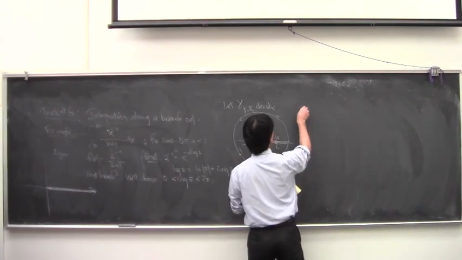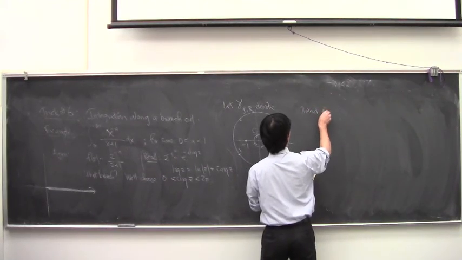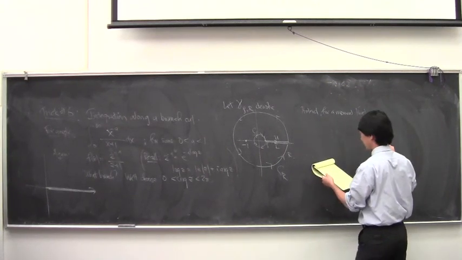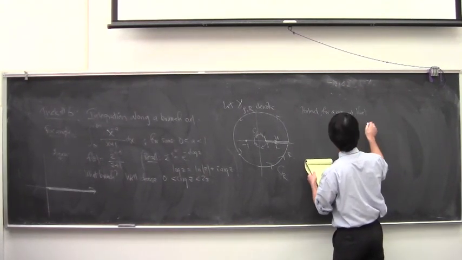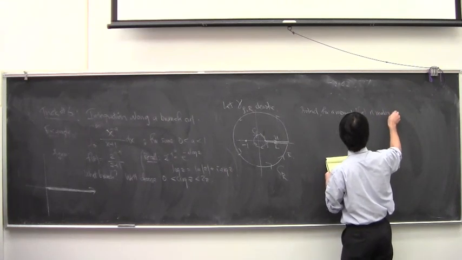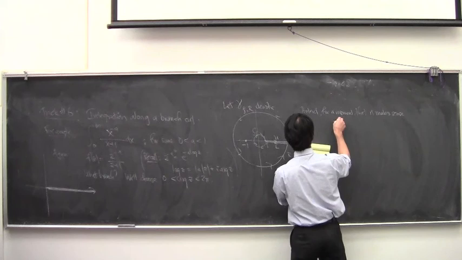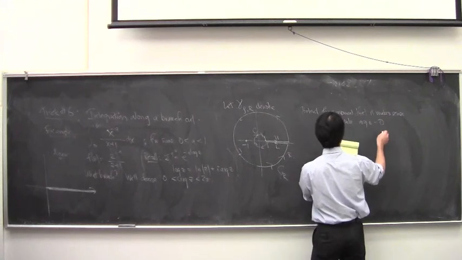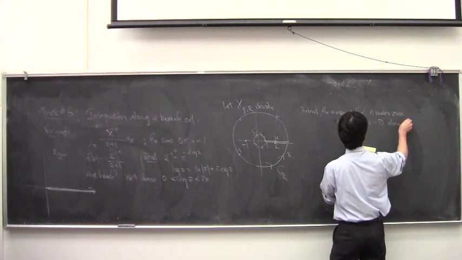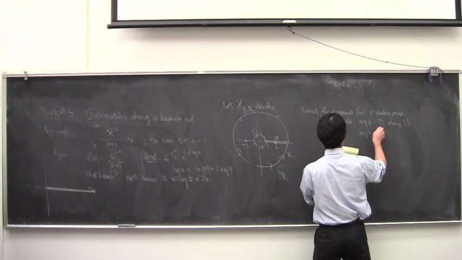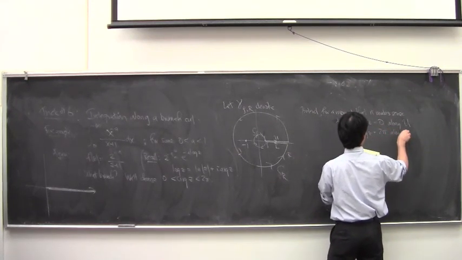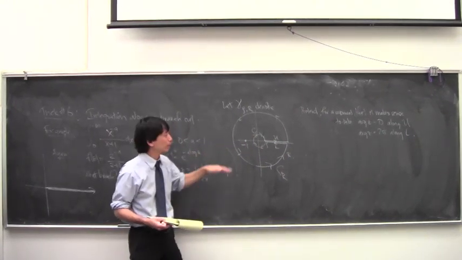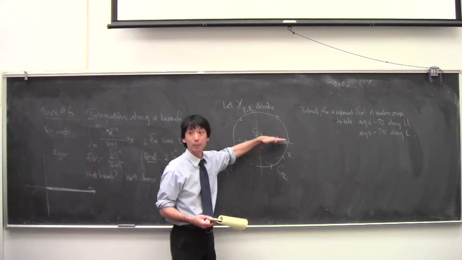So at this point, pretend for a moment that it makes sense to take the argument of z being 0 along U, and the argument being 2 pi along L. That's actually impossible, right, because we have our branch cut there. But in the end, what we're going to do is basically take a limiting argument.